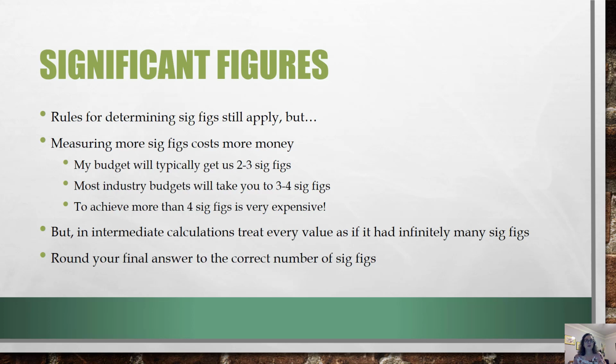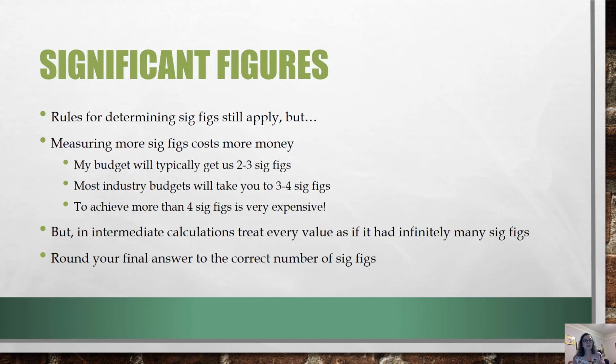In industry, usually you can afford to get to 3 or 4. But if you're going to more than 4 significant figures, you're talking about some expensive laboratory quality equipment that is just not realistic. So a lot of times I just use the number of significant figures that are reasonable for the sort of calculation that I'm doing.